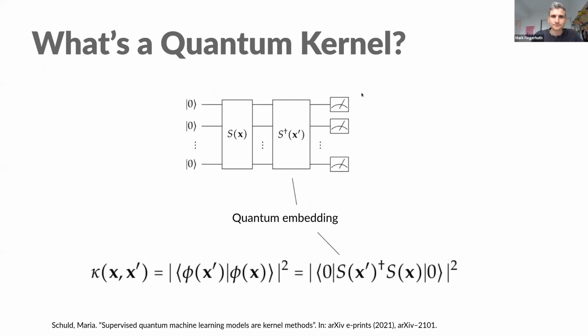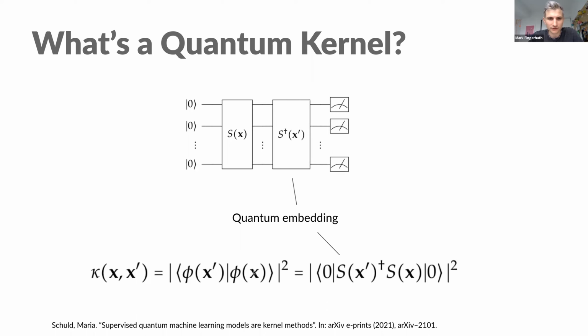Okay. So when it comes to quantum kernels, typically we are implementing them in this particular way. Just to show a circuit, we usually have a data encoding circuit S, which we apply to the data point X first.